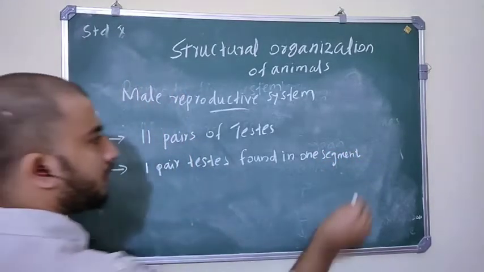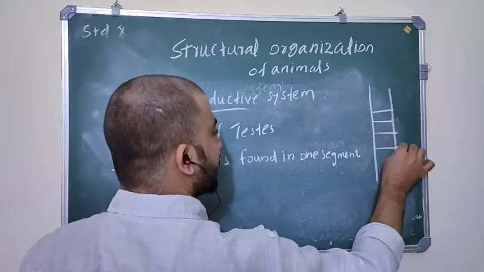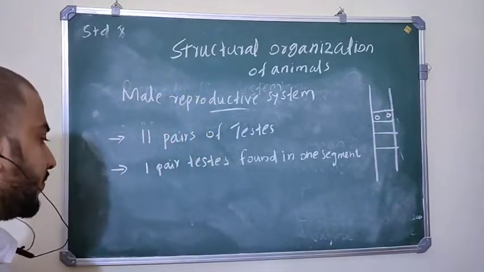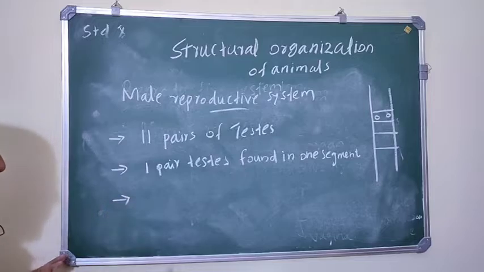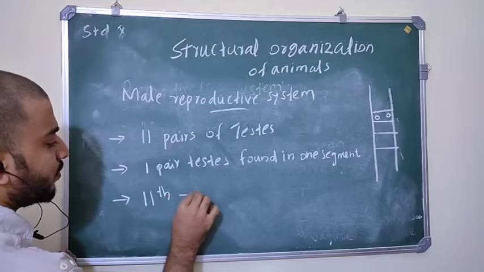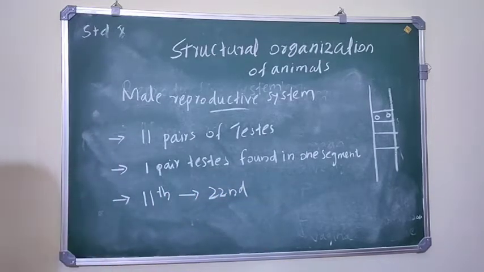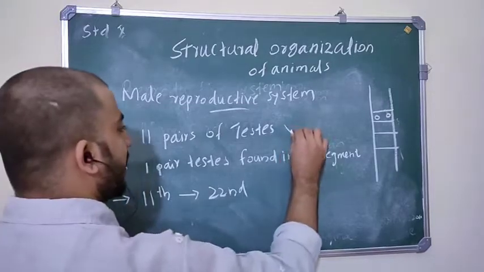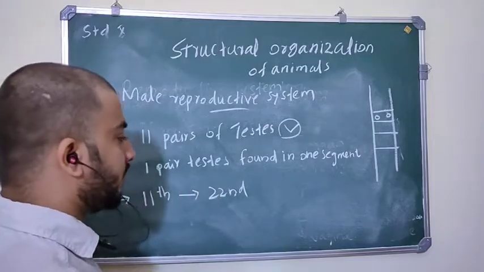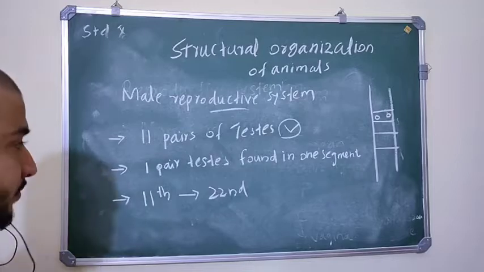Okay, for example, this is a leech, and these are the segments of the leech. In one segment, one pair of testes is found. These testes are found starting from the 11th segment to the 22nd segment of the leech. So the main points: how many pairs of testes are found? 11 pairs, one pair in each segment, starting from the 11th segment to the 22nd segment.